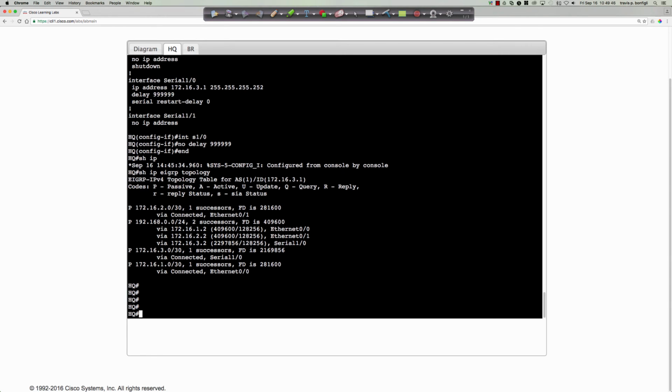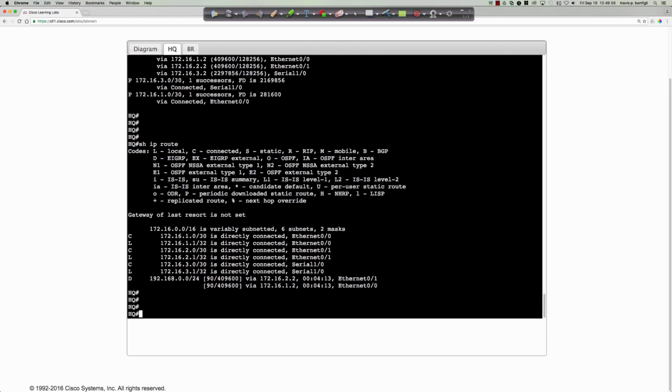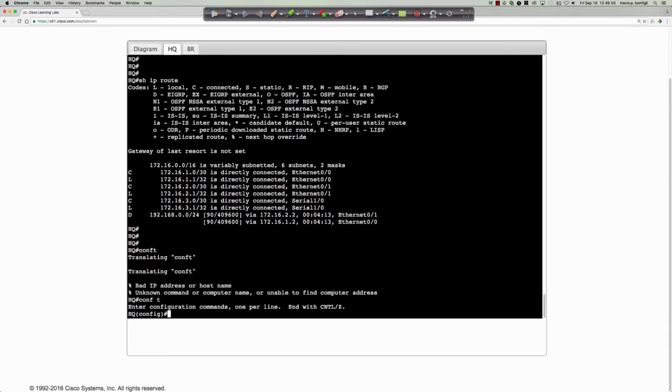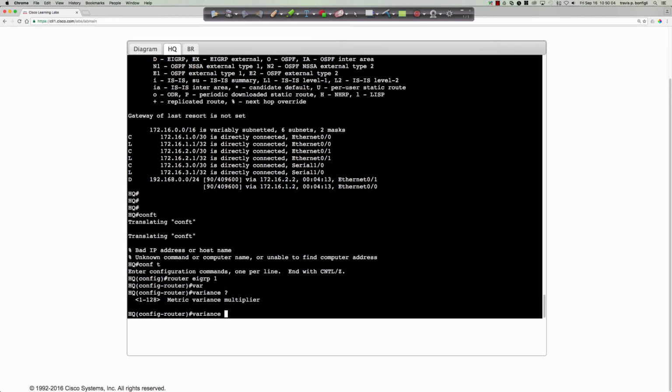So if I say show ip route, you can see we've got the two equal cost paths. So now what we're going to do is tweak that variable on the HQ router. We're going to go into global config. I'm going to say router eigrp 1, where we say variance, and again, it's between 1 and 128, and I say variance 6.